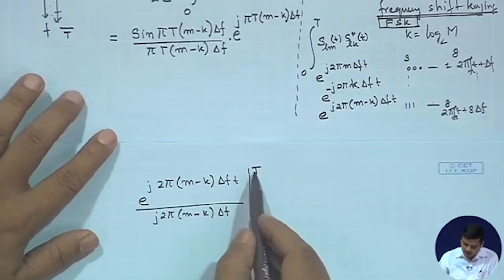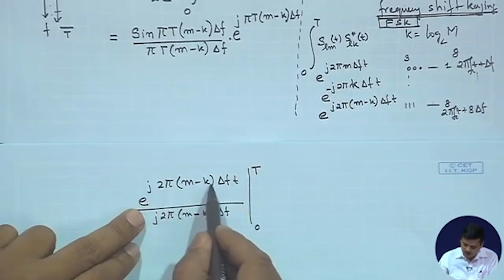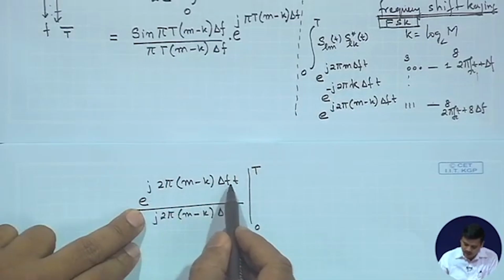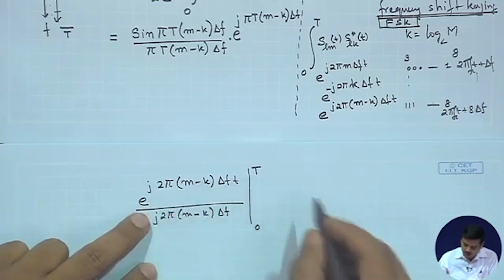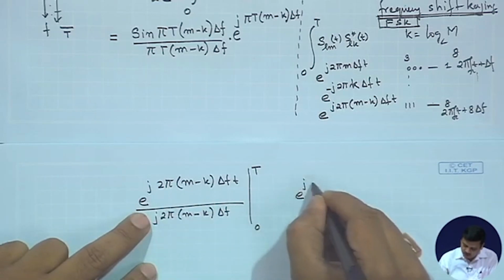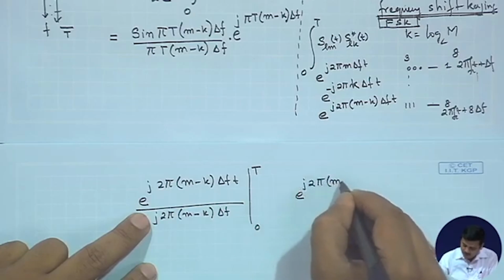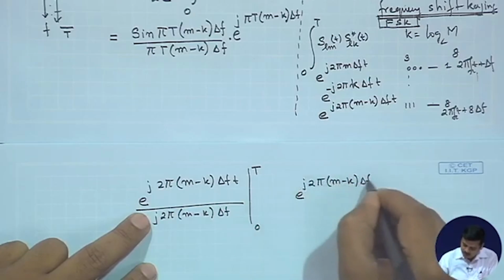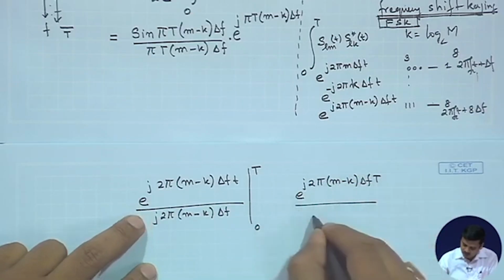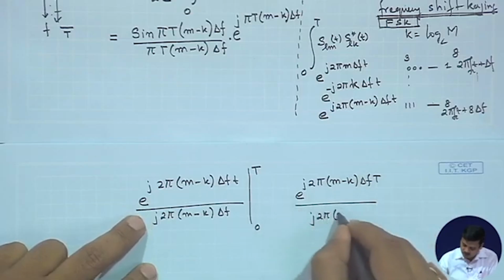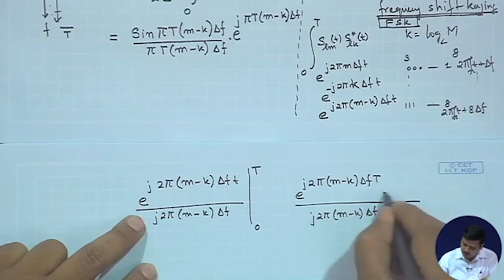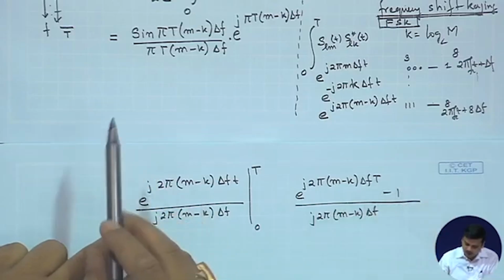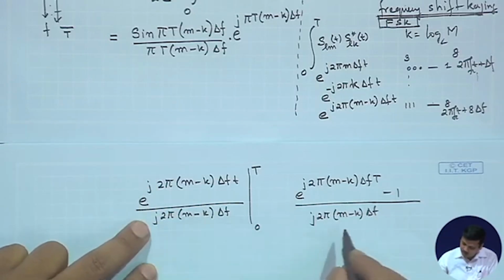So, if you do it, you are going to get e to the power of j 2 pi (m minus k) delta f T, and the other term would be 0, because 0 would lead to a 1. So, this will be e to the power of j 2 pi (m minus k) delta f T minus 1, and all the other terms would cancel out.